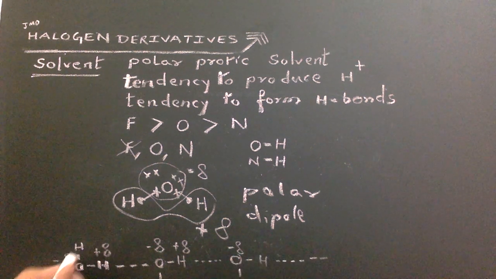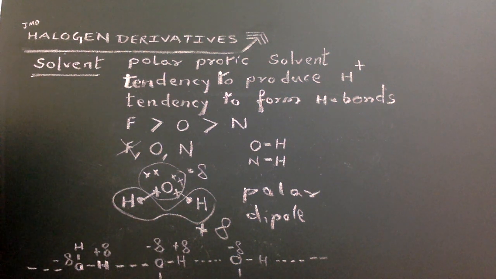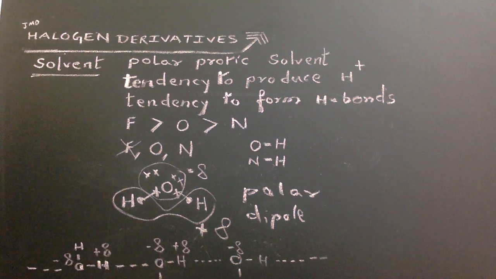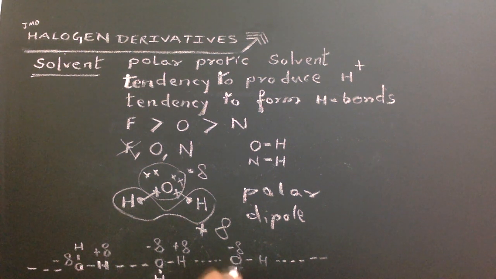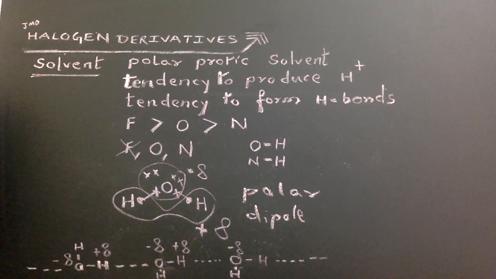These bonds which are made are nothing but the intermolecular hydrogen bonds. I'll just write this a little higher. This is H here, and this is also an H over here. So this is how the intermolecular hydrogen bonds are formed.